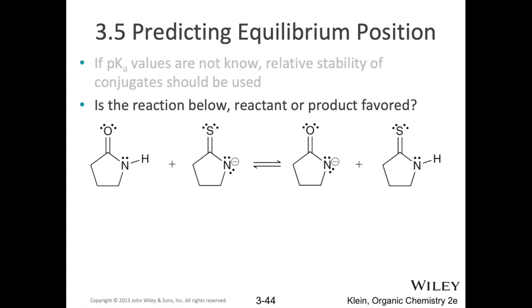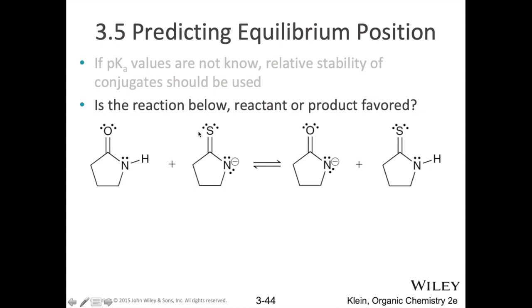Okay, so let's have a look over here. Here we have an equilibrium between an acid over here. So this molecule on the left is an acid. It's giving up its H plus to this base over here. And you can see here's the conjugate base of that acid, and here's the conjugate acid of the base. All right. So the question now is, which of these sides does the equilibrium favor?